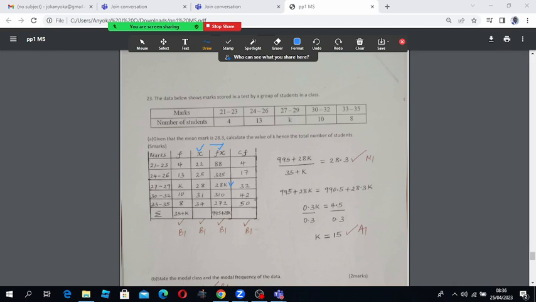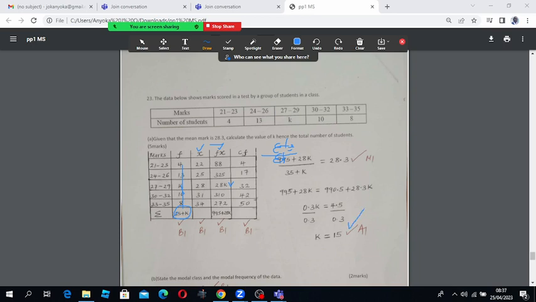Then the mean is equal to the sum of fx over the sum of f. So 995 plus 28k over 35 plus k, the sum of f. And then we cross multiply, we work out the value of k, which gives us 15.